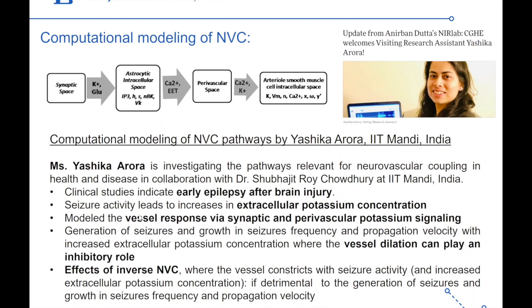Then the seizure activity leads to an increase in extracellular potassium concentration, also glutamate concentration, and that affects the generation of seizures and the seizure frequency. This is a modeling study that we have started with Ishika, who is a PhD student in our collaborating lab at IIT Mandi, led by Dr. Subhit Roy Chaudhary. This is one of the works going on with the data that we have collected from animal as well as from human.